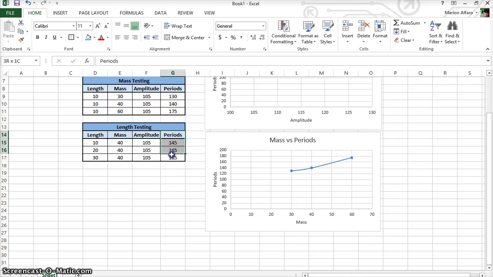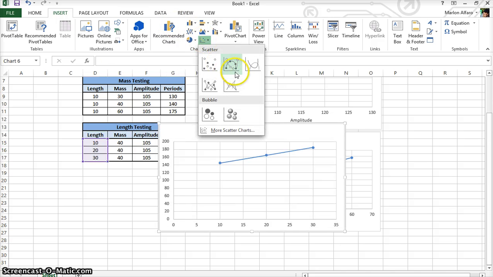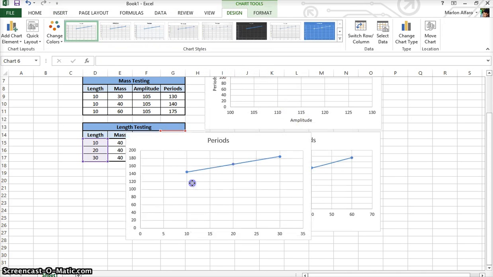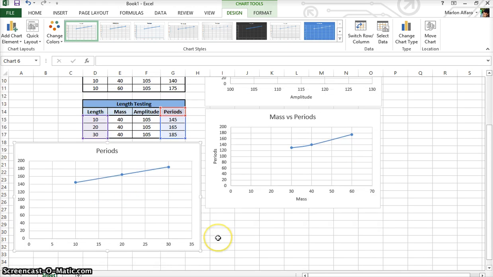So again, I'm going to hold the mouse and drag it to the end of the column, and then I'm going to hold the control key and I'm going to highlight the length column, and then I'm going to go to insert, go to my scatter line option, and then I'm going to do the same thing that I did before.